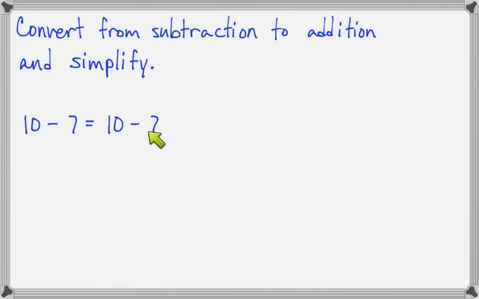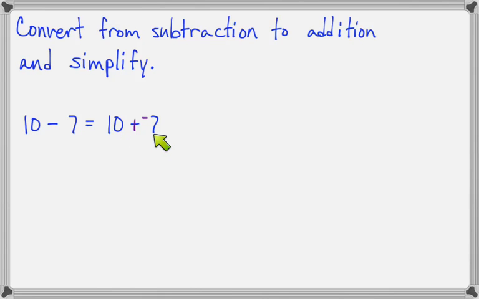So here I've got a fresh copy of the problem. I'm going to change the minus to a plus, and I'm going to change the sign of the next number, which is currently positive, but it needs to be changed to negative. So 10 minus 7 and 10 plus negative 7 are the same problem, but this problem we can use our addition rules on.